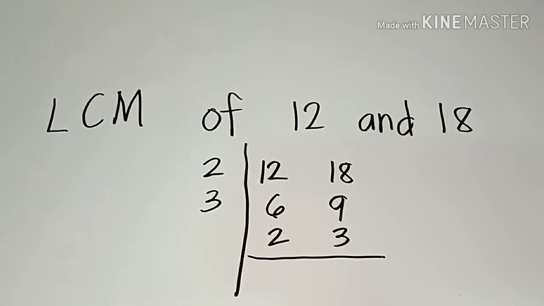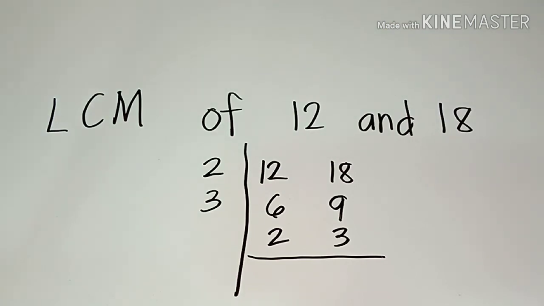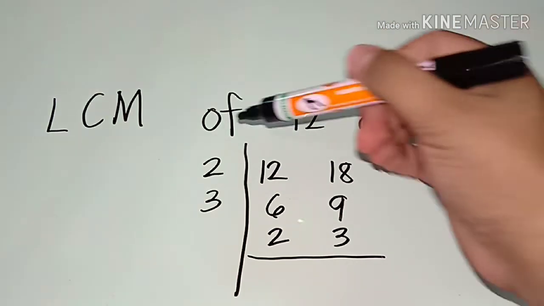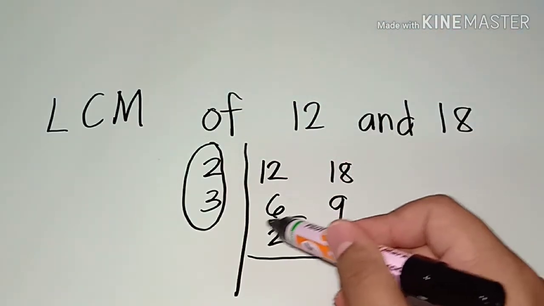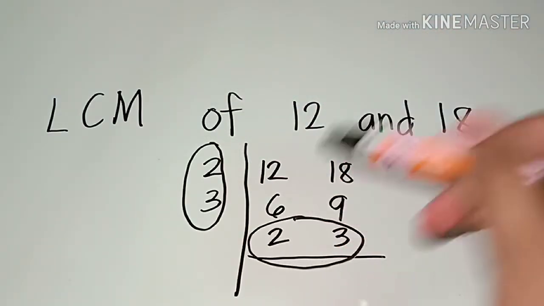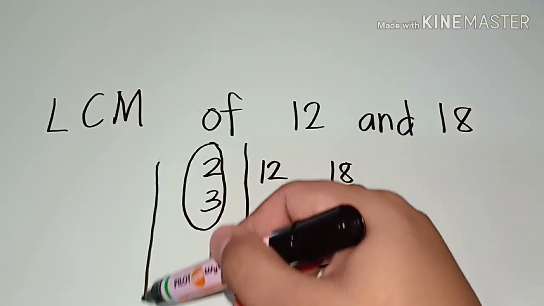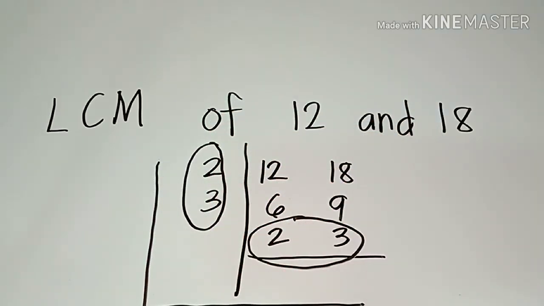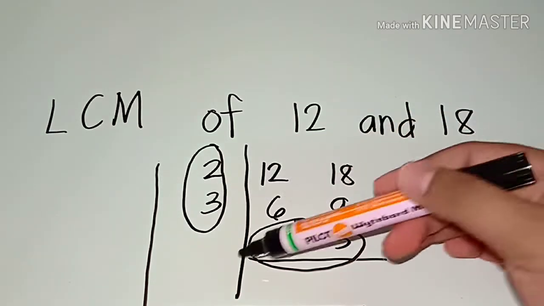When we got the greatest common factor before, we just multiplied the numbers on the left. But since we're looking for the least common multiple, we will multiply the numbers on the left, including the numbers on the bottom part. If you try to notice, you can already form the letter L. So just multiply everything, the ones on the left side and the bottom here.